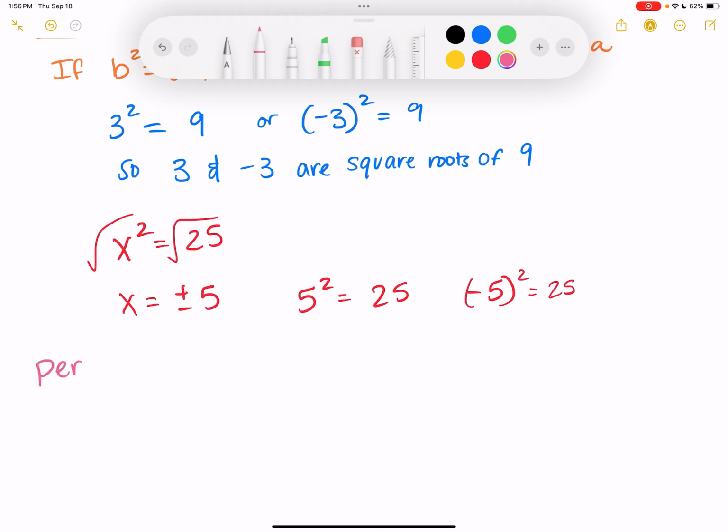A perfect square is the square of an integer.